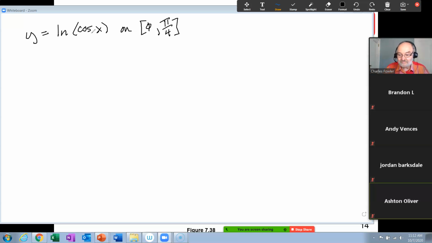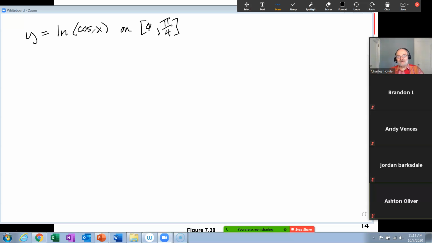Now, I'm not about to graph this for you, but I'll show you how it graphs. If you think about it, when x is equal to 0, cosine is 1, log of 1 is 0. So it starts at 0, and then when x is pi fourths, cosine of that is root 2 over 2, which is about 0.7. Log of a number between 0 and 1 is going to be negative.